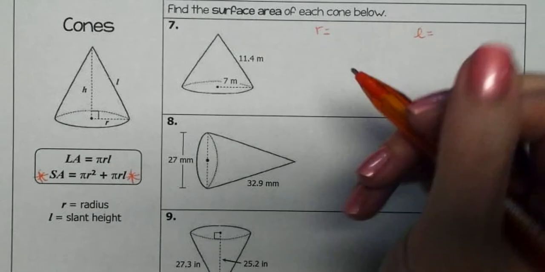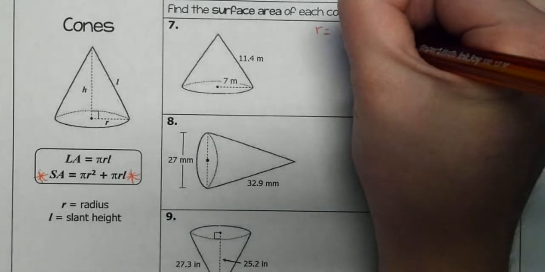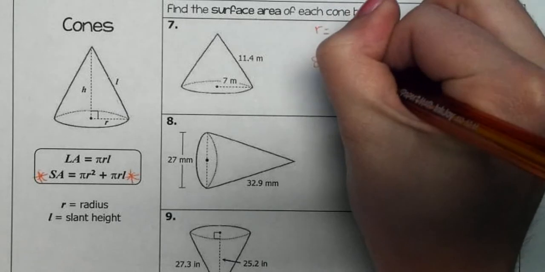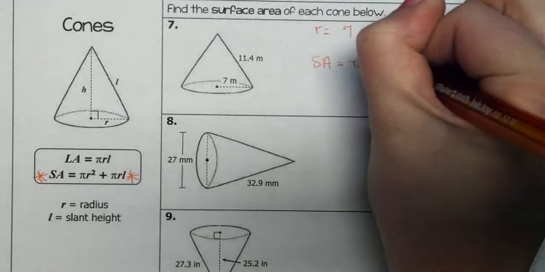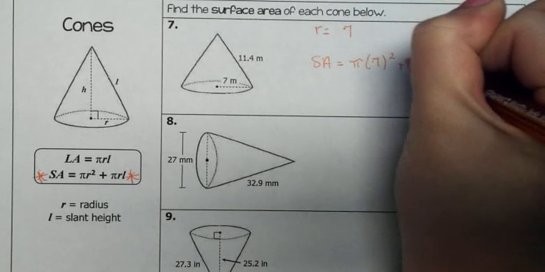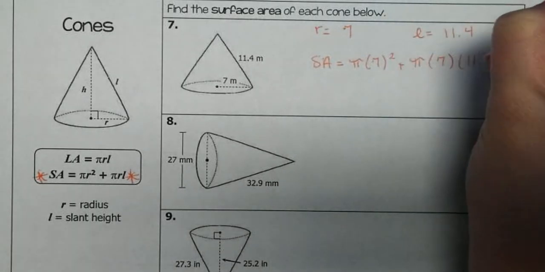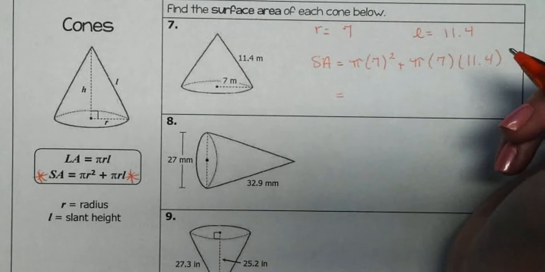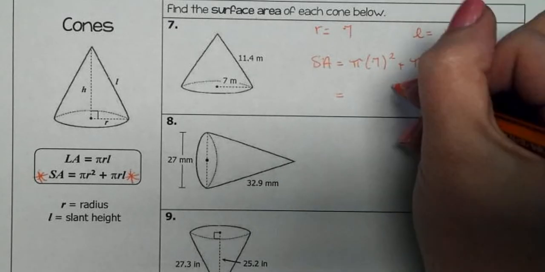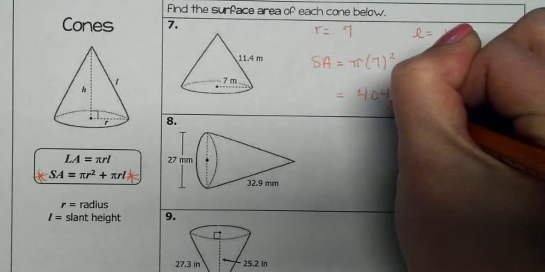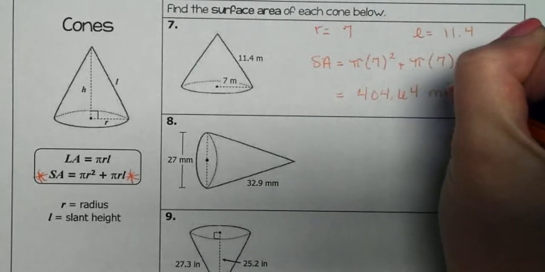So your radius is 7, your slant height is 11.4, so all you have to do is plug it in. Pi times 7 squared plus pi times 7 times 11.4 to get 404.64 meters squared.